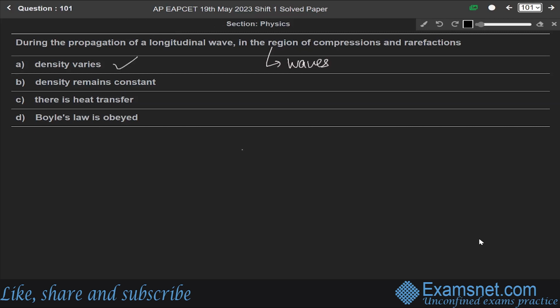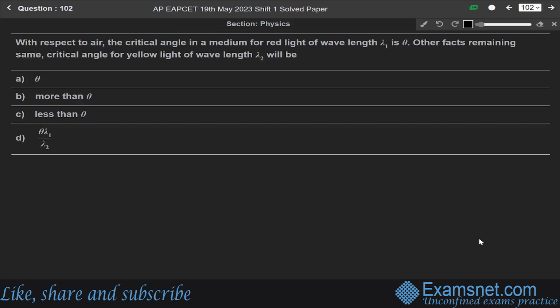Okay. Now moving towards the next question, 102. The question is, with respect to air, the critical angle in a medium for red light of wavelength lambda 1 is theta. Other effects remaining the same, the critical angle for yellow light of wavelength lambda 2 will be. Okay.